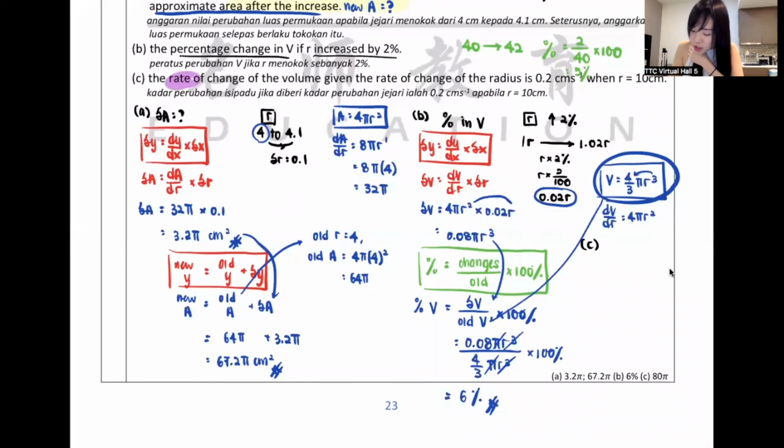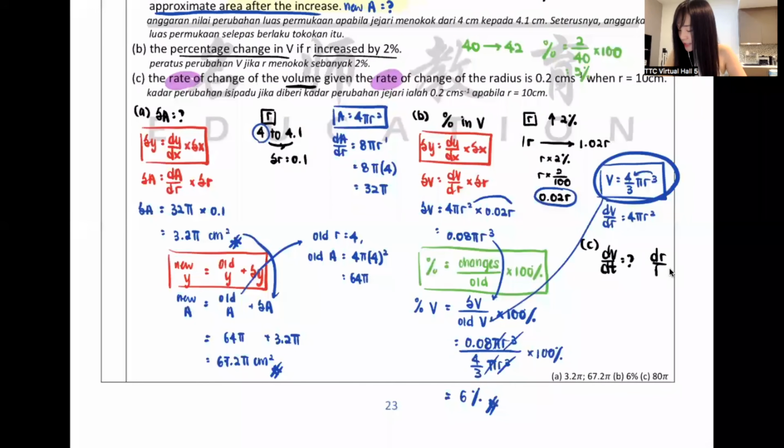C: find the rate of change of volume given that the rate of change of radius is 0.2 when R is 10. This is a very easy one. So guys, next one. You see how they've said find the rate of change of volume, so they're going to find dV/dt. They say the rate of change of radius, that means dR/dt, equivalent to 0.2. Then they say R is 10.